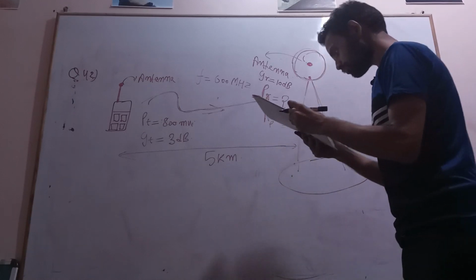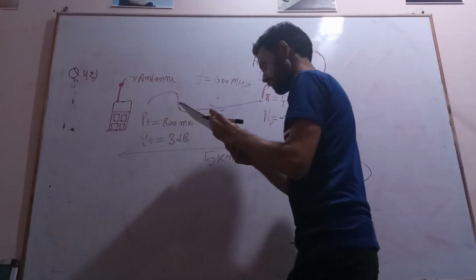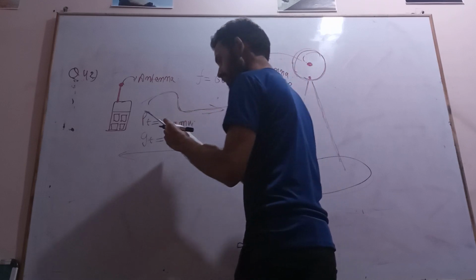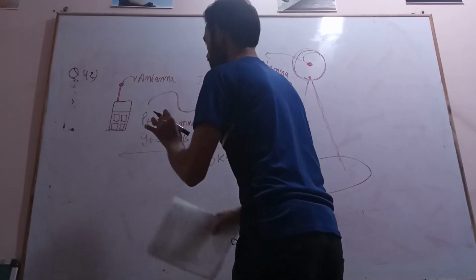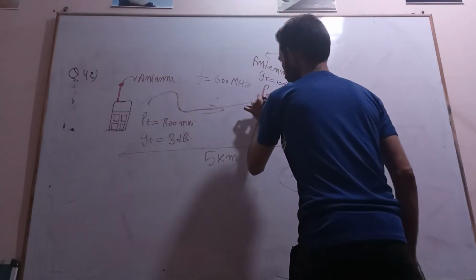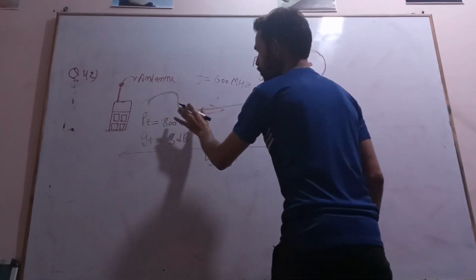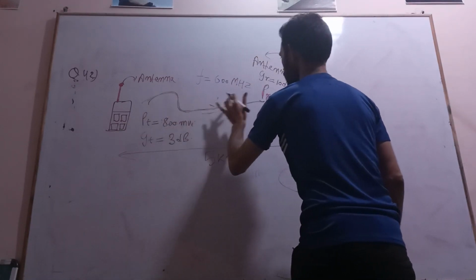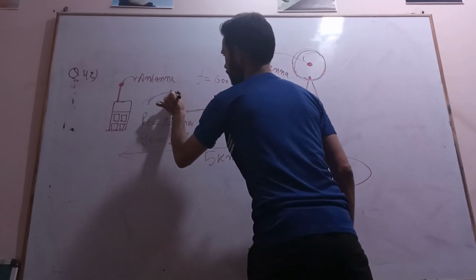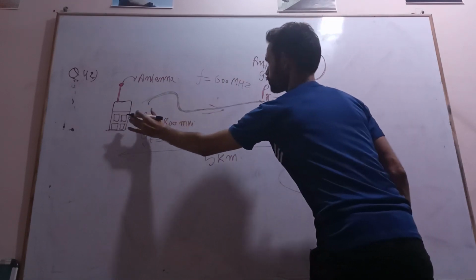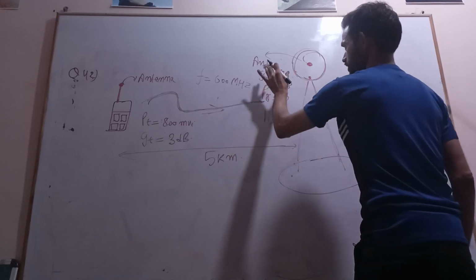The required signal to noise ratio to close the link is 5 dB. To close this link means we want to make a perfect signal link from this mobile to the base station.